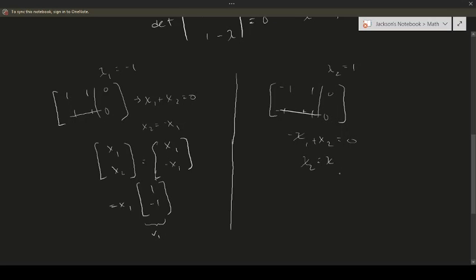So x2 is equal to x1, plug that in. And there we go. Now we have our second eigenvector.